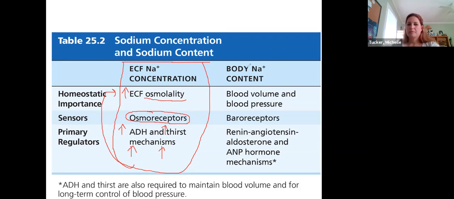With total body sodium content, it's going to be used to regulate blood volume and thus blood pressure. If blood volume falls, blood pressure falls. It's like putting water through a hose. If you don't have a lot of water, it's trickling out the other end, and there's not much pressure in the system.